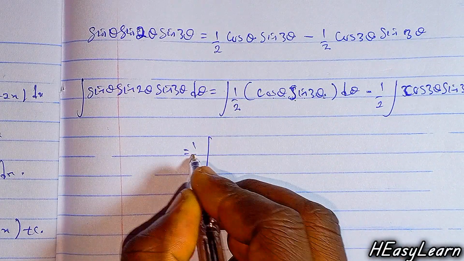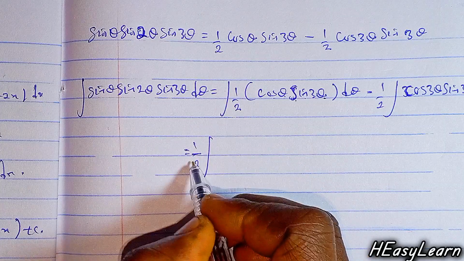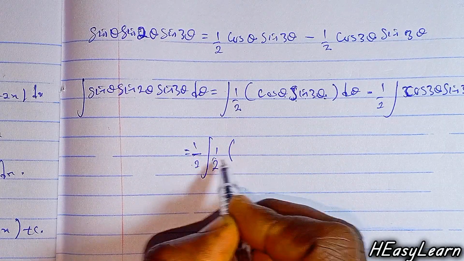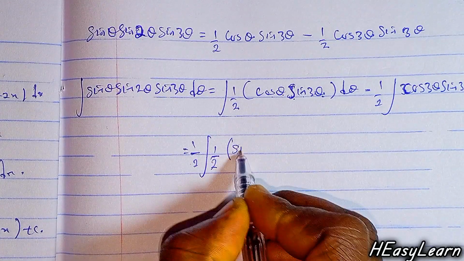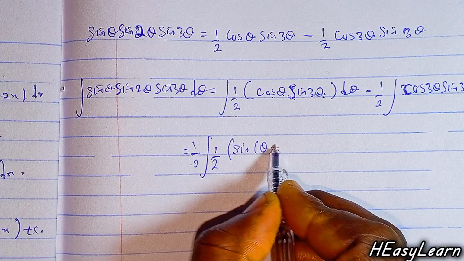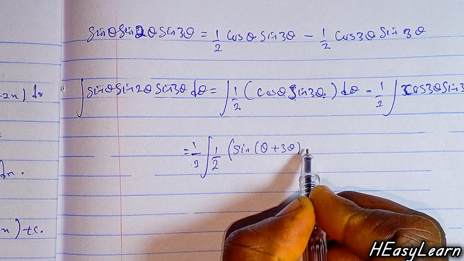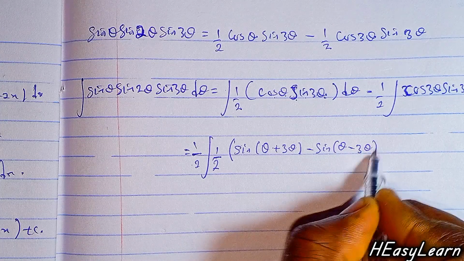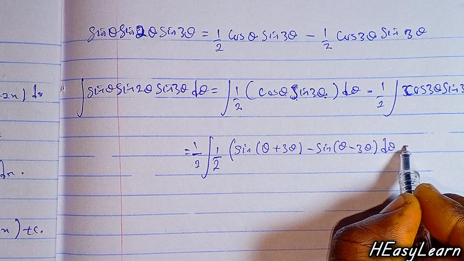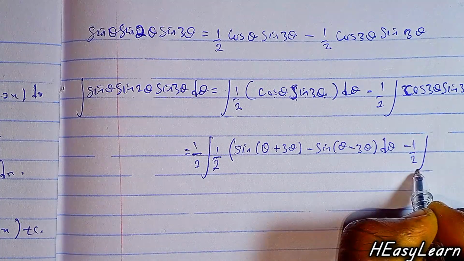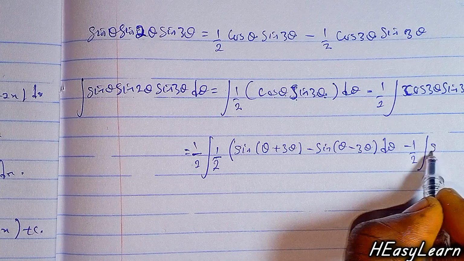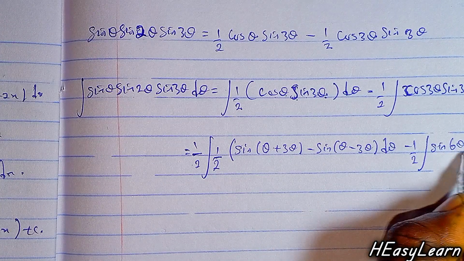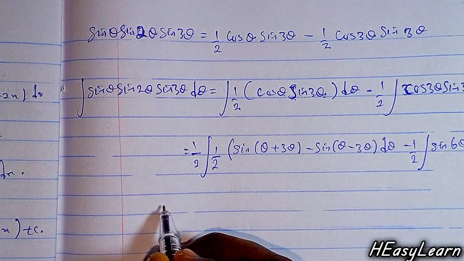This is the same thing as a half outside, the same a half, then it's going to be a half, sin(theta plus 3 theta) minus sin(theta minus 3 theta) d theta, minus 1 over 2 the integral of sin 6 theta d theta. The other side will be 0.